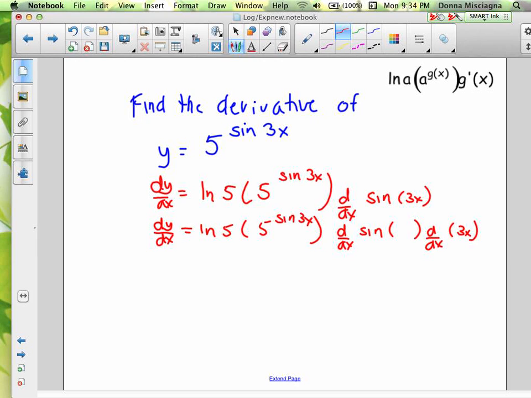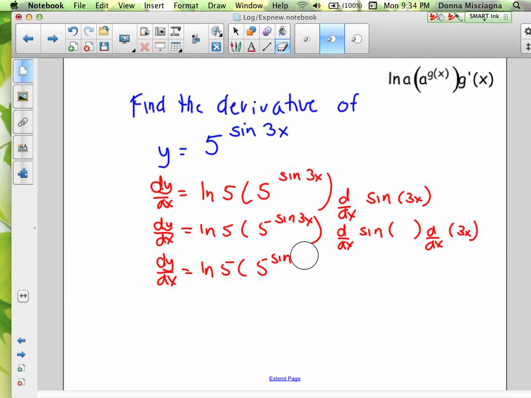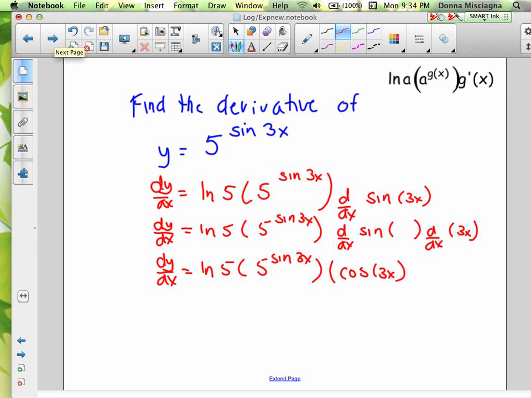So our derivative is natural log of 5 times 5 to the sine of 3x. I'll leave the parentheses off since I didn't put them on my question. The derivative of sine blop is cosine blop, so that'd be cosine 3x. And then the derivative of the 3x would be 3.